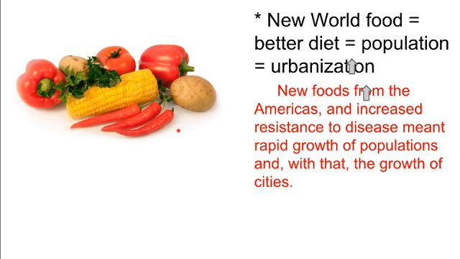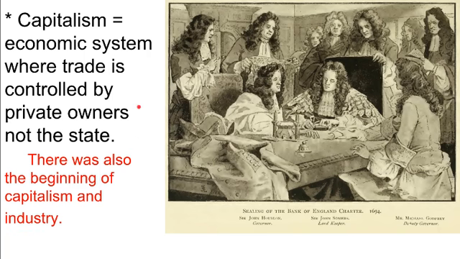And the population of Europe and Africa and Asia is going to grow tremendously because of this new food variety, these better diets. And again, population and urbanization follow soon.